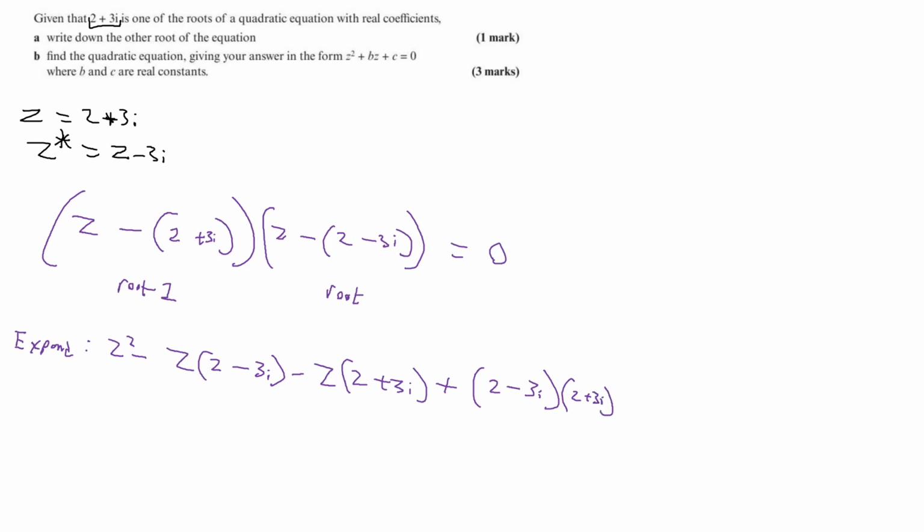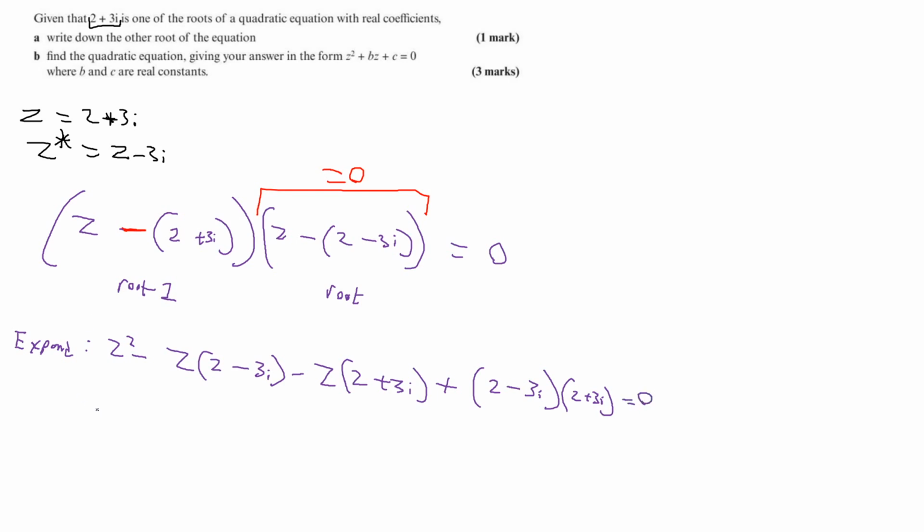It's worth noting that this is a minus because each bracket is equal to 0, so they have to be minus. And of course this will equal 0.